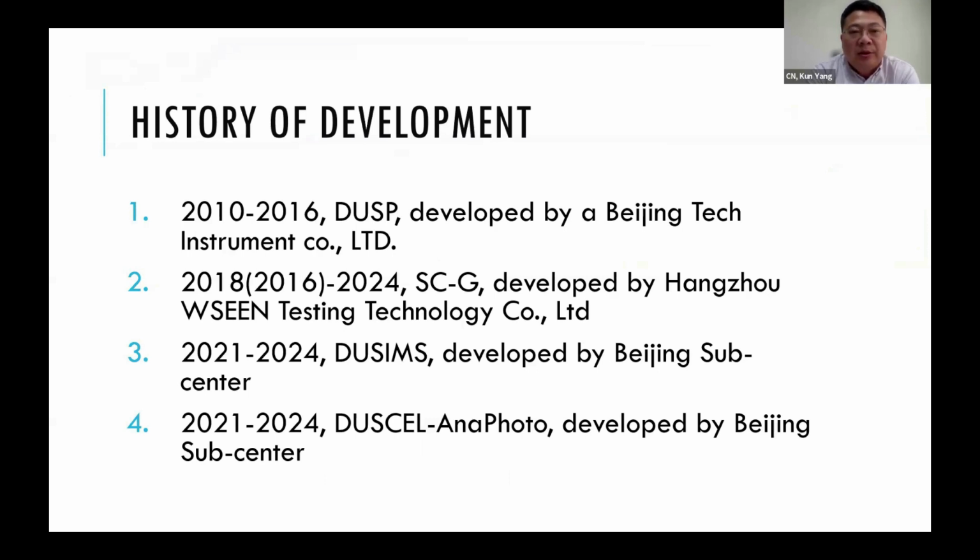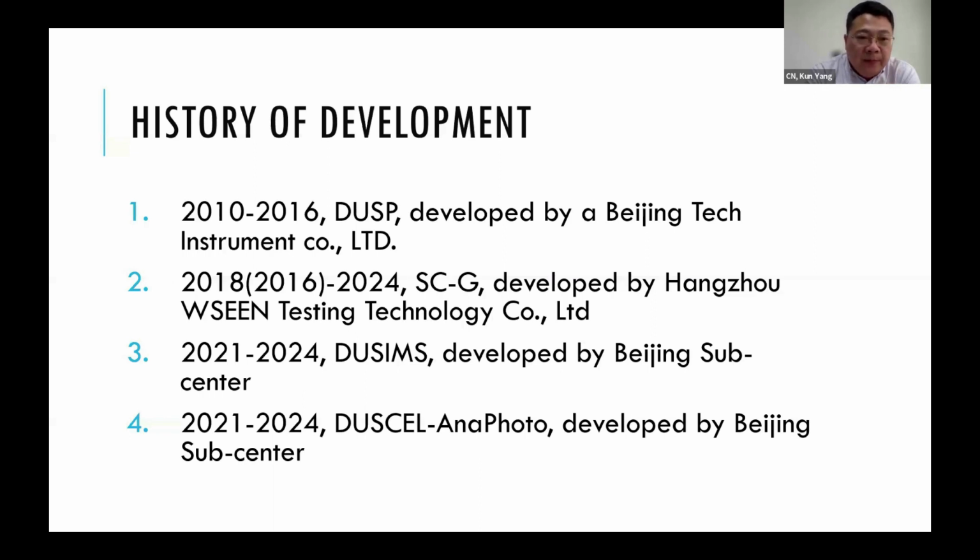This is the history of our development of image analysis. Actually, the first image analysis tool we started to use is DUSP. It was developed by a company, and we could trace it back to 2002. At that time, we knew this software, and during 2010 to 2016, we developed it as we wanted.